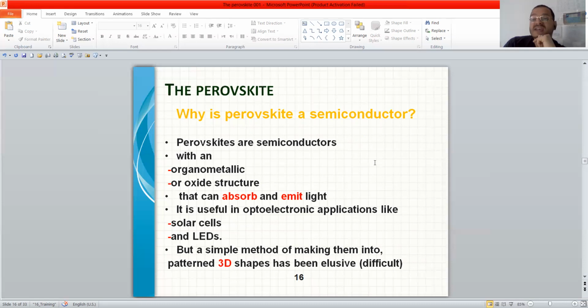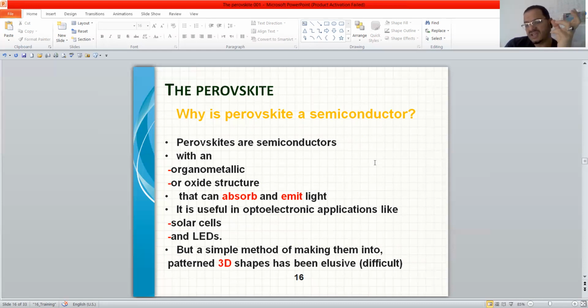Why is the perovskite a semiconductor? Because of its behavior. Let's focus on this slide. Perovskites are semiconductors with an organometallic, or we can say oxide, structure that can absorb and emit light.